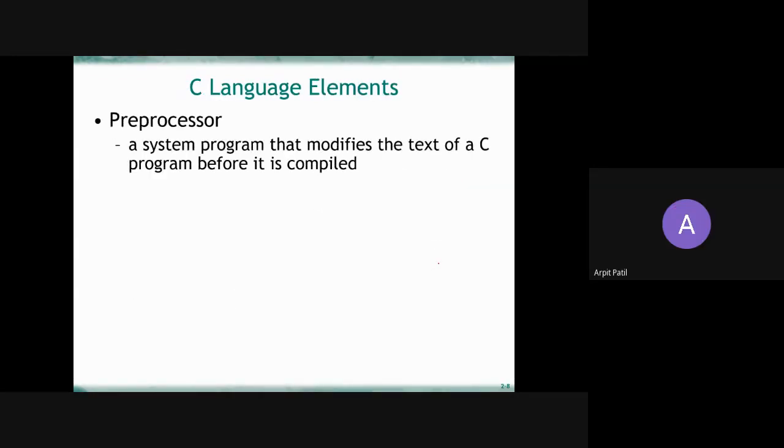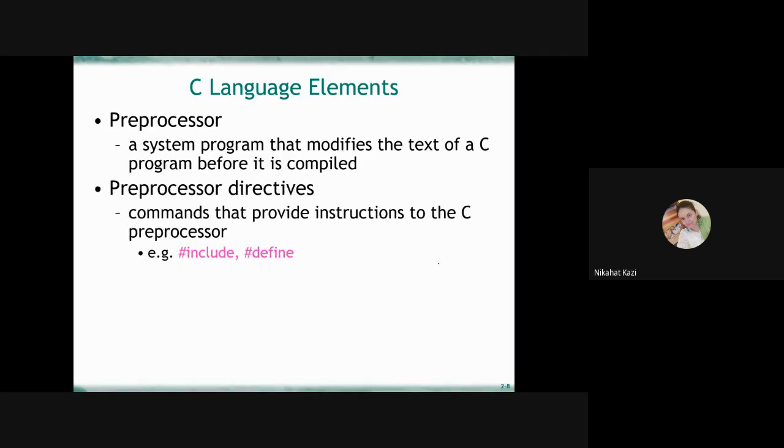Next, we move on to the C language elements. The first one is the preprocessor. Again, the preprocessor is yet another system program which modifies the text of a C program before it is given for compilation.